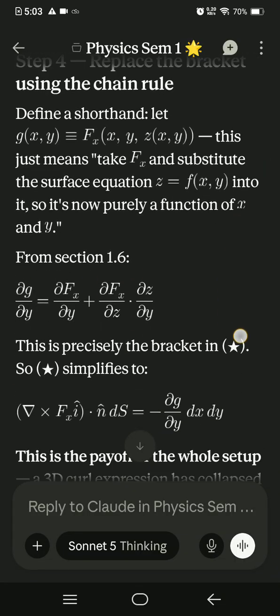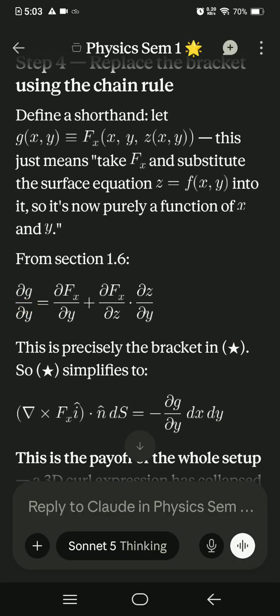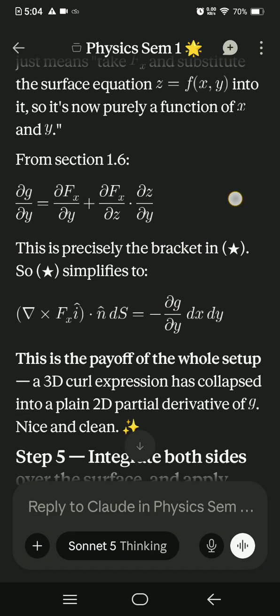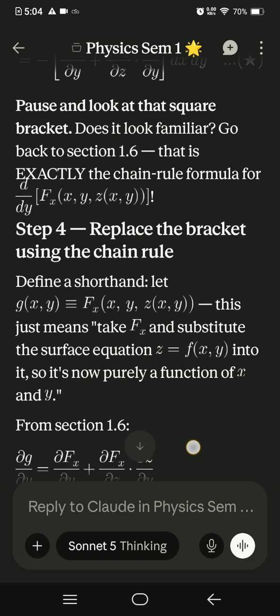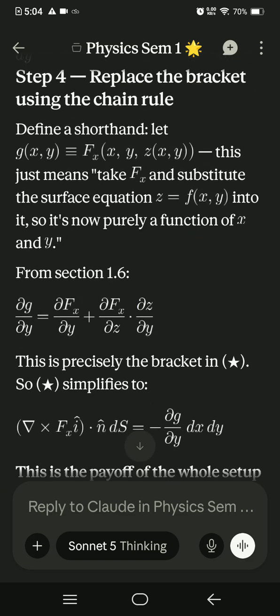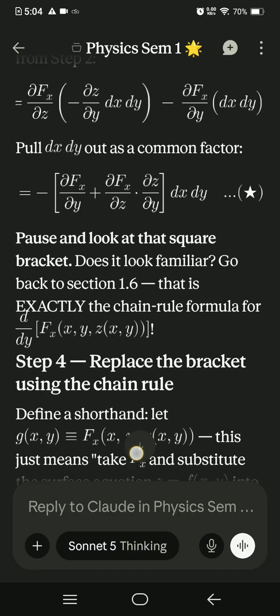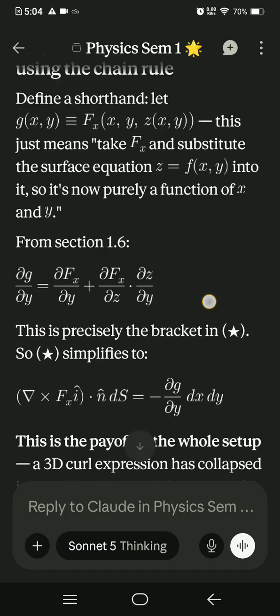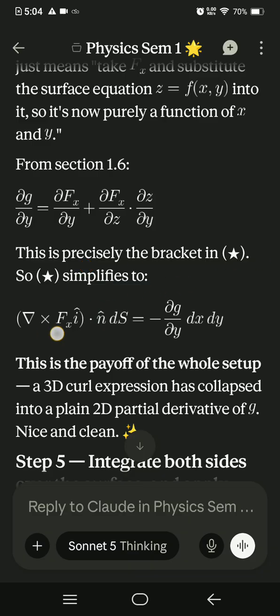From section 1.6, this dg upon dy equals this thing. This is precisely the bracket in stars, so star simplifies to this. Okay, these terms are completely similar, so this simplifies to gy dx.